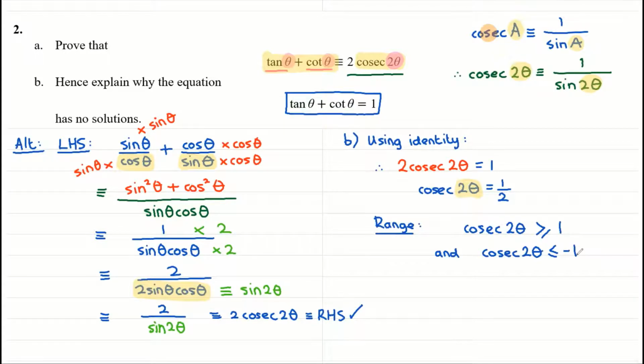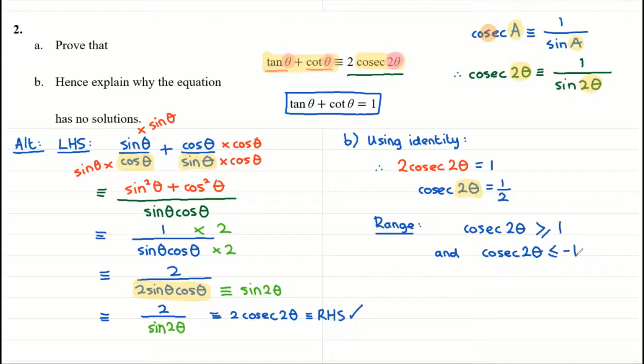Okay, once again, the 2 theta doesn't matter. That is a horizontal stretch, with a scale factor of 1/2. So it just means that cosec is only defined no matter how you manipulate the x direction. The y values, the range, are only defined greater than or equal to 1 or less than or equal to -1.